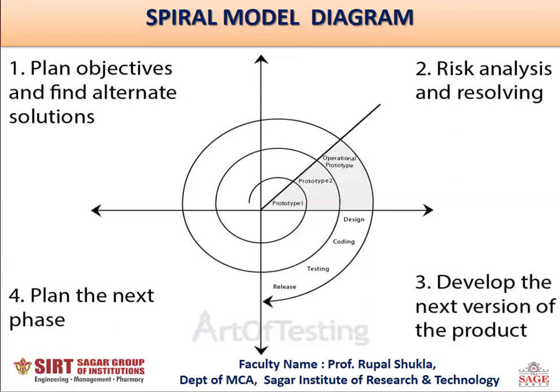Here we can see the first quadrant is plans and objective and find alternative solutions. It means the requirement is not clear, that's why the development team prepares a prototype, meaning pseudo models. Then once the requirement is clear, we will move to risk analysis and resolving.